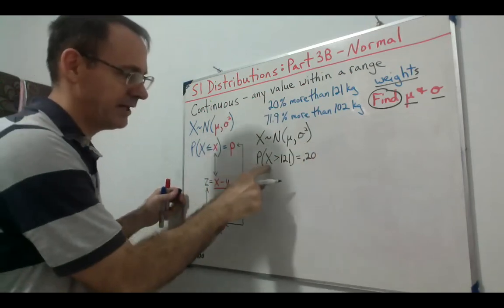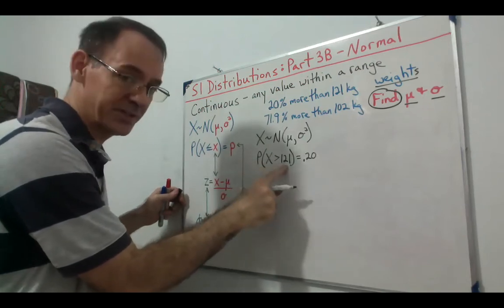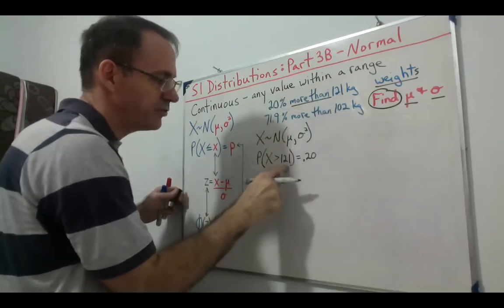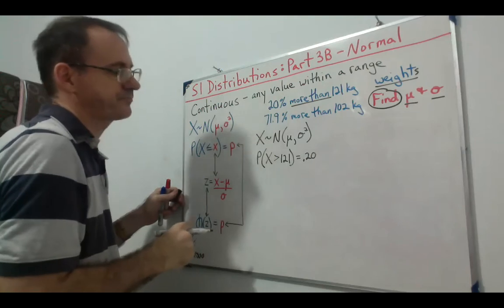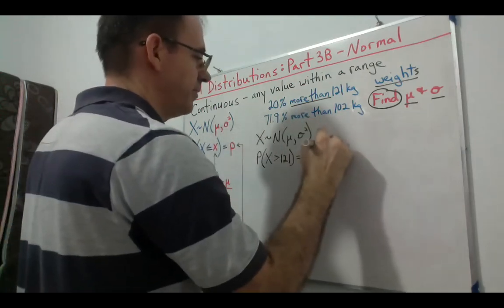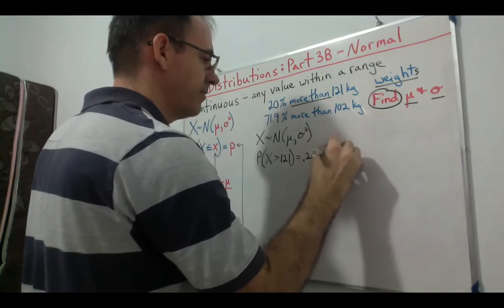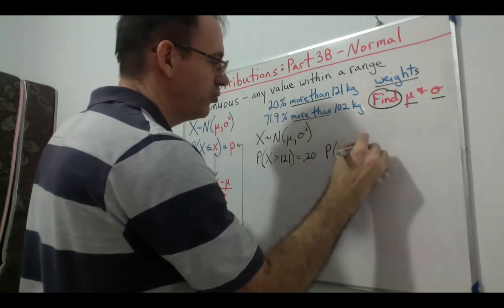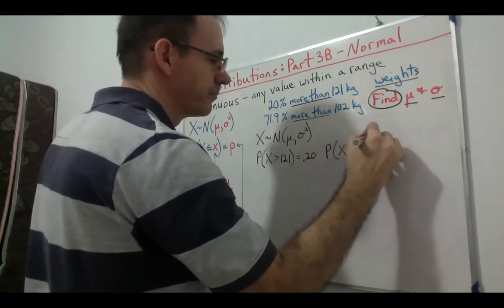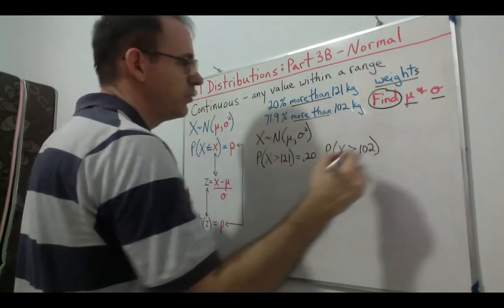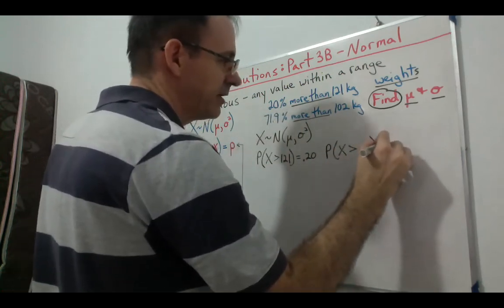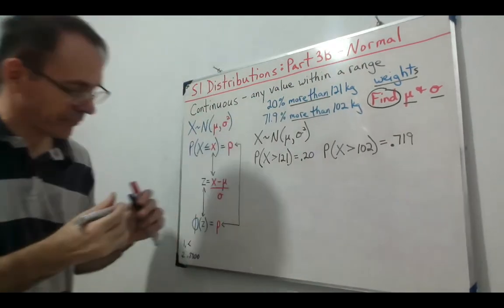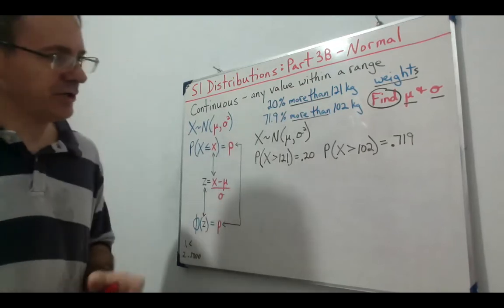So the probability that the weight is more than 121 is 20%. And the probability that our random variable is more than 102 kilograms is 71.9%. Again, you're going to change it to a decimal, 0.719.